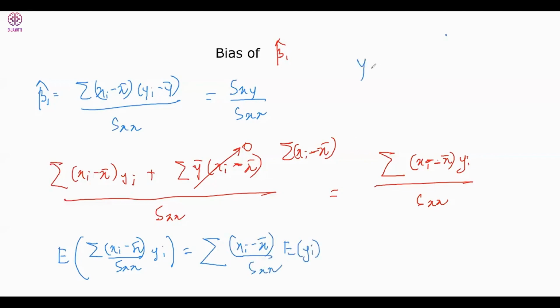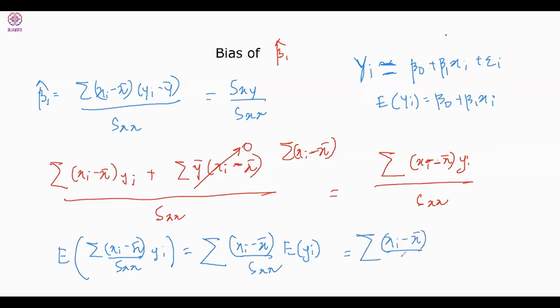Now remember, yi is beta naught plus beta 1 xi plus epsilon i. So expectation of yi is beta naught plus beta 1 xi. So just replace it here. We get summation of (xi minus x bar) by Sxx into (beta naught plus beta 1 xi).